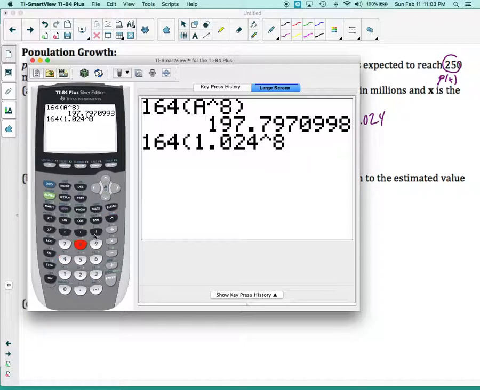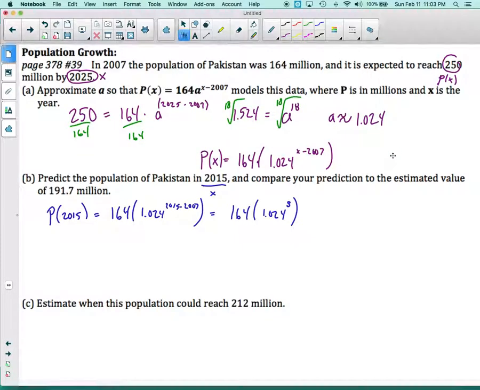It's not going to be that much off, but you can see. Using the exact number, we get 197.8 million. The rounded number gives us 198.3 million. So it's 500,000 off, which is a lot of people. So I'm going to go ahead and use the whole value here, 197.8 million people.